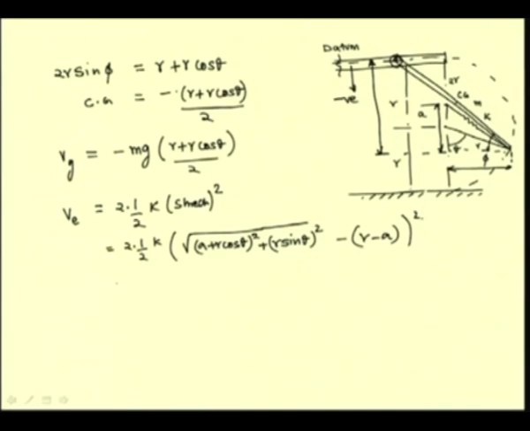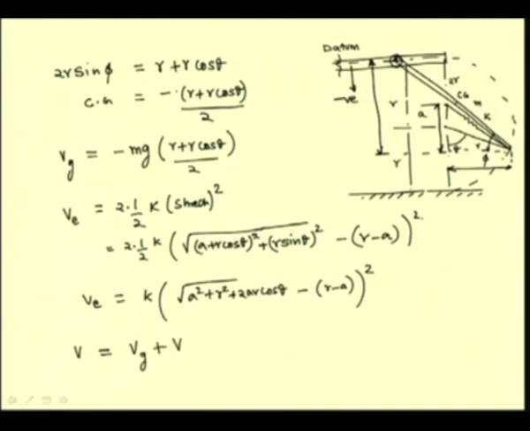We can try to simplify this and write it as k times root of a square plus r square plus 2ar cos theta minus r minus a whole square. This is the elastic potential energy, and the total potential energy of the system is Vg plus Ve.